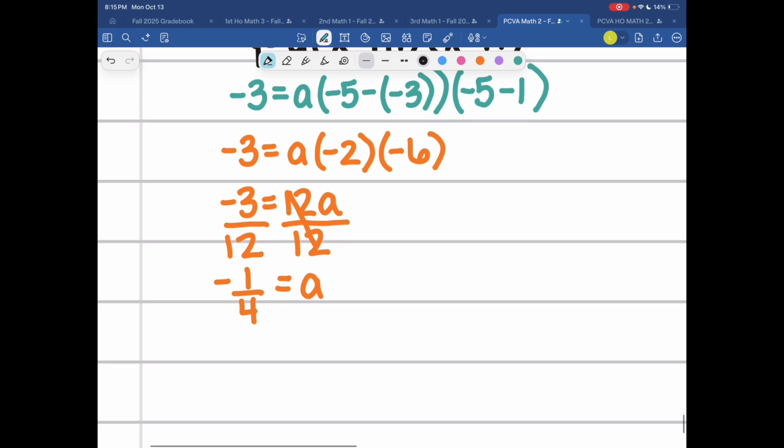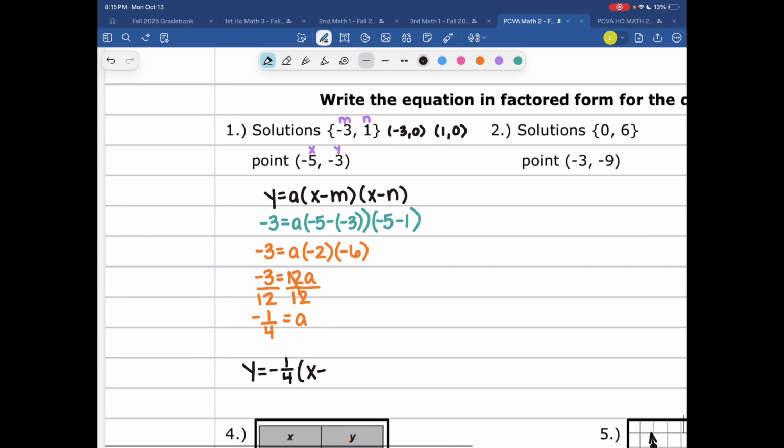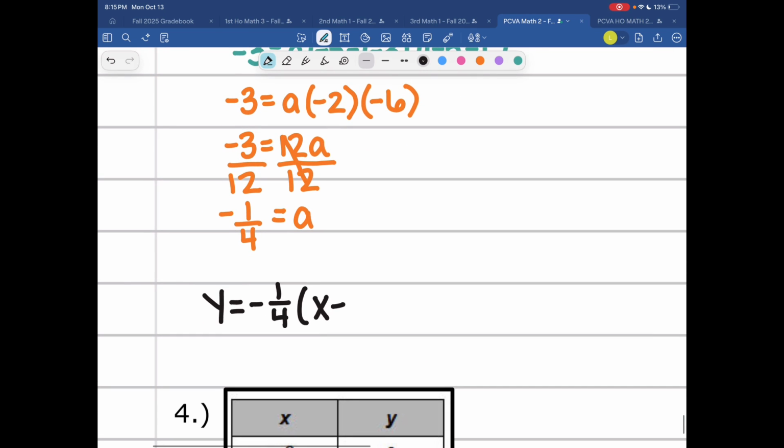So at this point, we're going to finalize our answer by plugging everything back in. So we have our a value is negative 1/4. Now remember, we don't substitute the x and the y this time. We're just substituting the information to write it. So the original m was a negative 3. Now if I have minus a negative 3, that's going to convert in just a second, and I'll show you how.